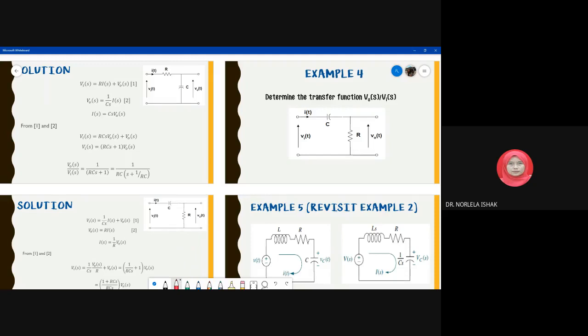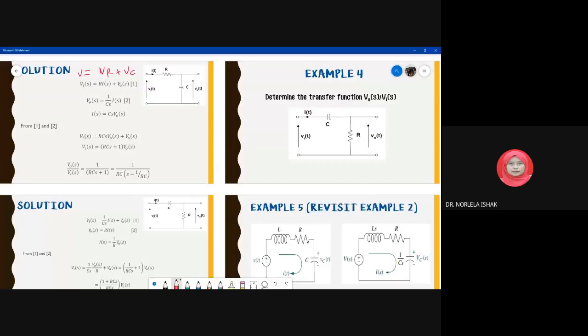We want to find out the total impedance, meaning we want to define the total voltage. This is total voltage equal to VR plus what? It's VC, right? So we derive the equation. What's the total voltage here? V input equal to VR plus VC, and then you have to define this one.